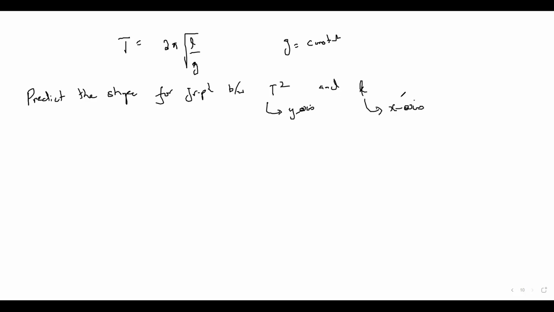So we have to predict the shape of a graph where t square is on the y-axis and L is on the x-axis. How can we predict? When you see this equation, you don't see t square.